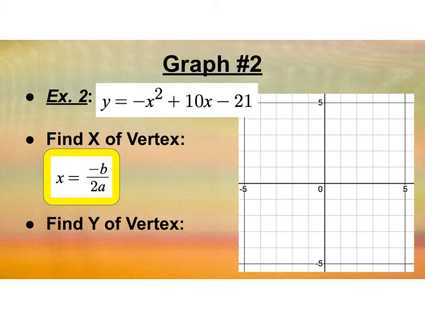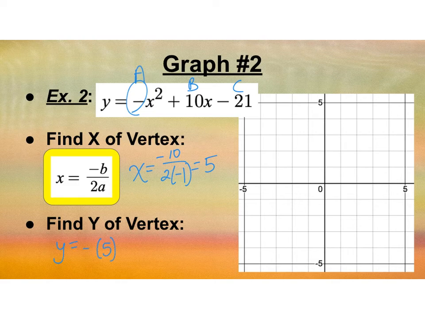Let's try this example. a is -1, b is 10, c is -21. We'll find the x of the vertex. x equals -10 over 2 times -1. Negative over negative is a positive, so we have 5. We'll plug in y equals negative, parentheses, so that negative is going to get applied afterwards, squared plus 10 times 5 minus 21.